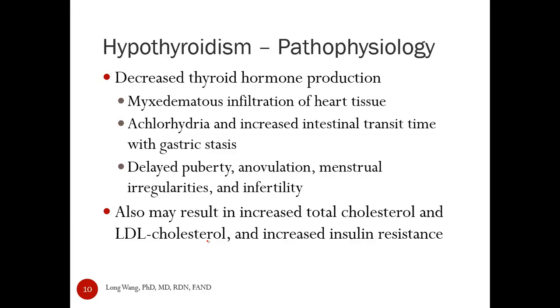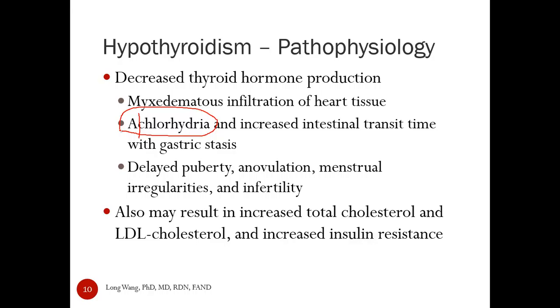And also, there will be signs and symptoms and consequences in the GI system. For example, chlorhydria. This condition refers to the inadequate synthesis of hydrochloric acid in the stomach.